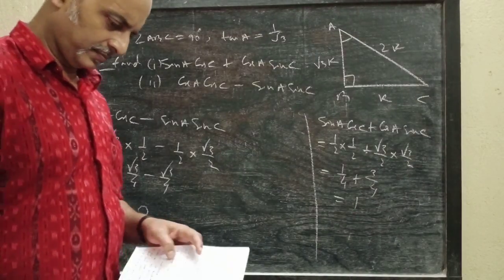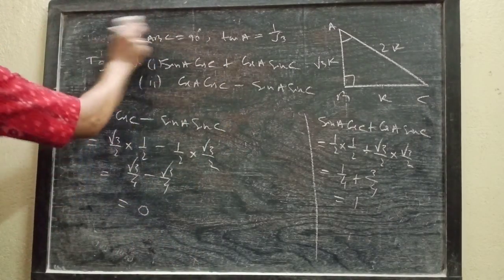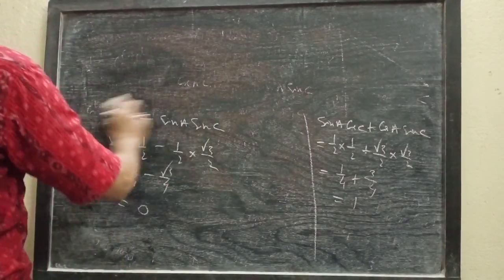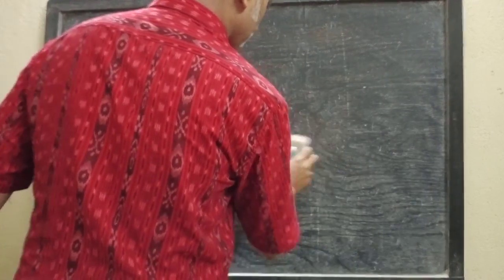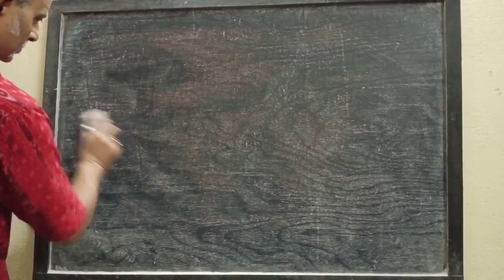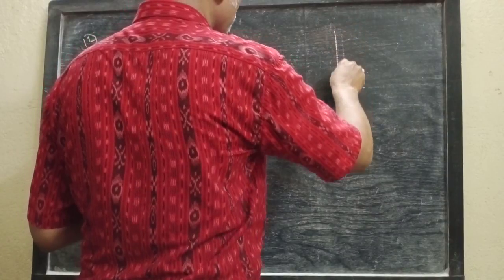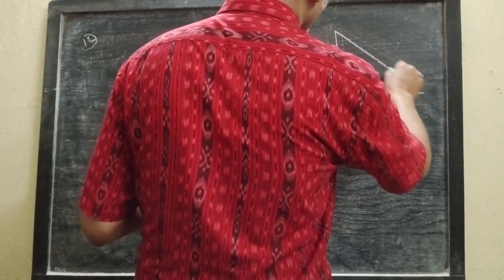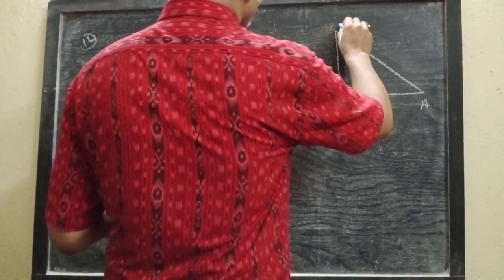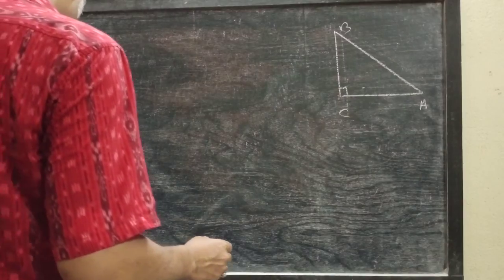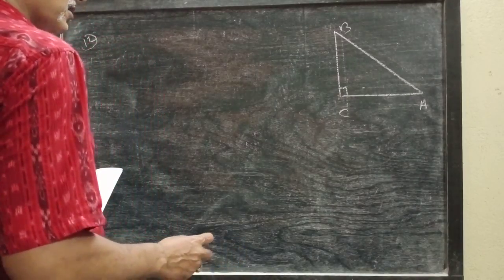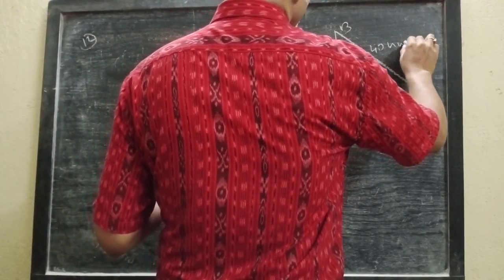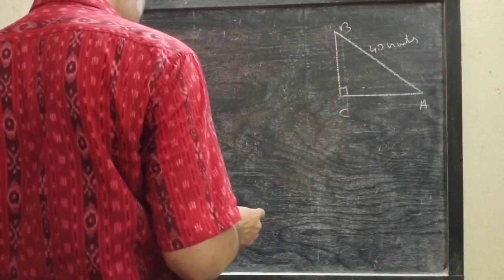Next question. Question number 12. ABC is a right triangle at C, in which the length of AB is 40 units.